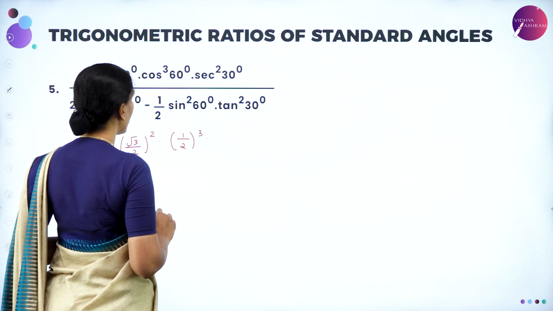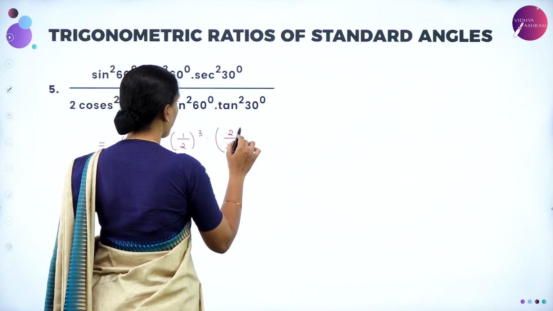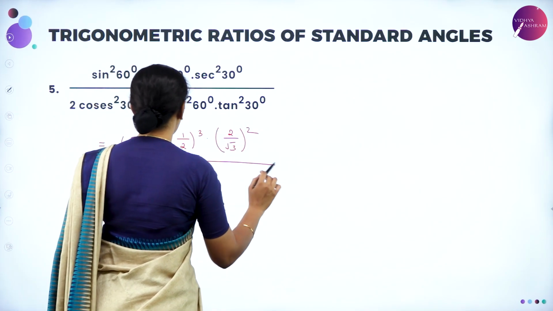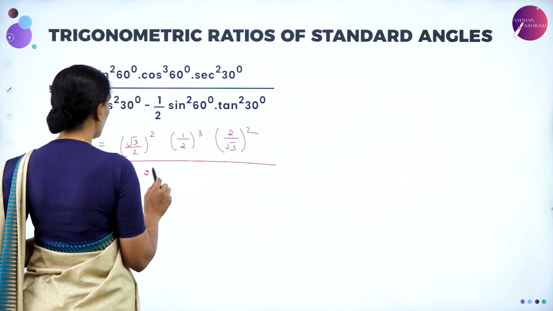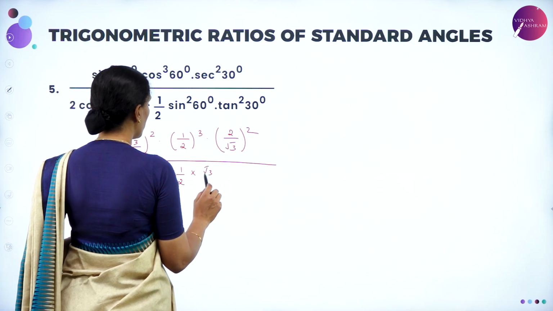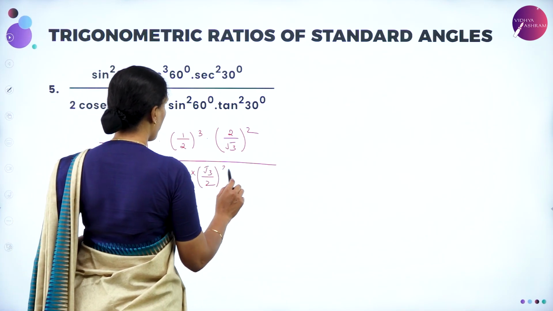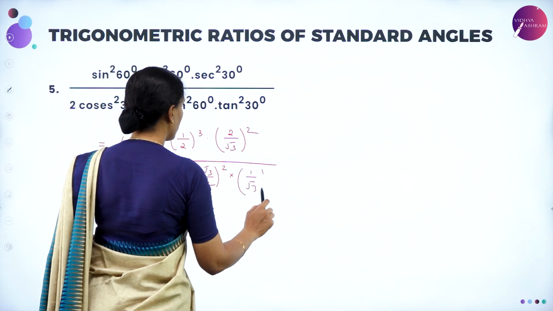Secant square 30 degree is 2 by root 3 whole square. Whole divided by 2 into cosecant square 30 degree is 2 whole square, minus 1 by 2 into root 3 by 2 whole square into 1 by root 3 whole square.